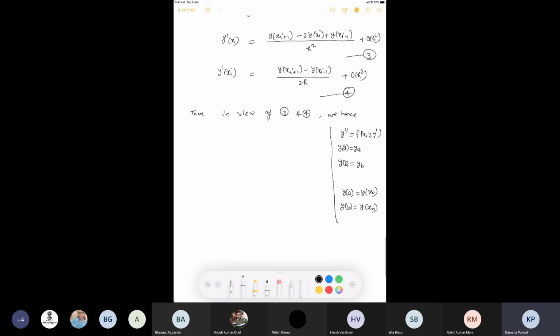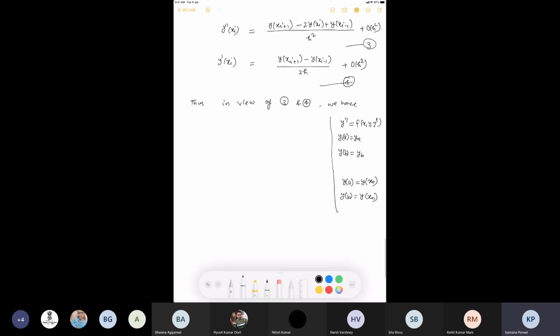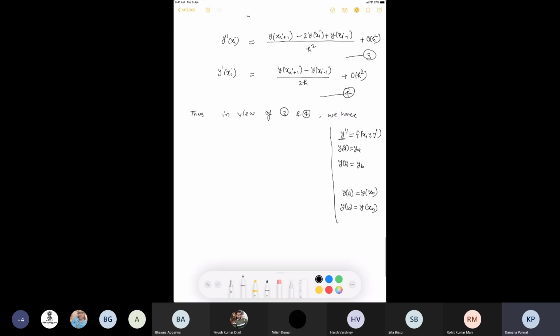Now I'm going to use 3 and 4 to write down the numerical method. I'm using the approximation of y double prime using this 3. This is yi plus 1 minus 2yi plus yi minus 1 divided by h square. This equals f, with x being xi, so everything at the point xi.